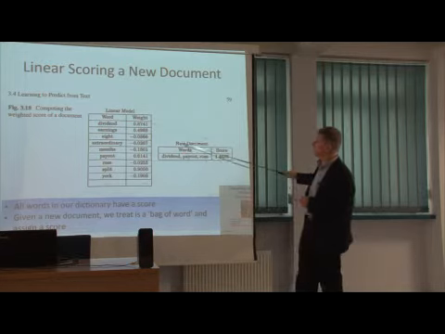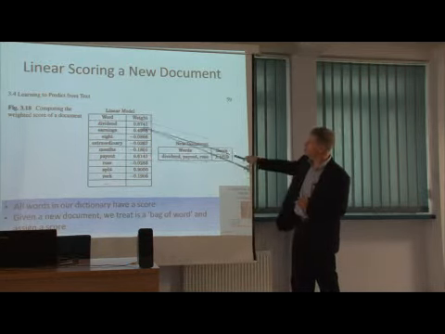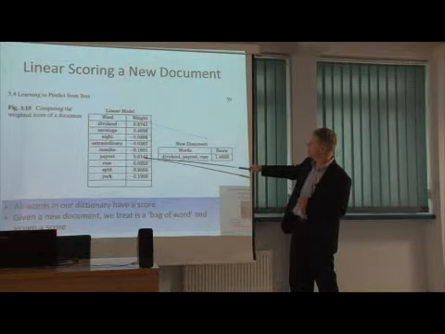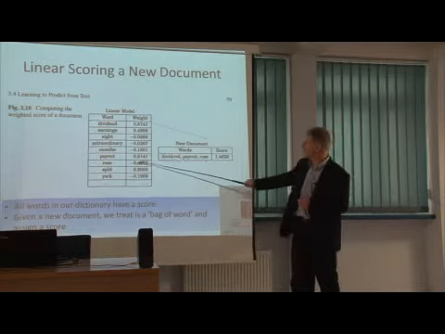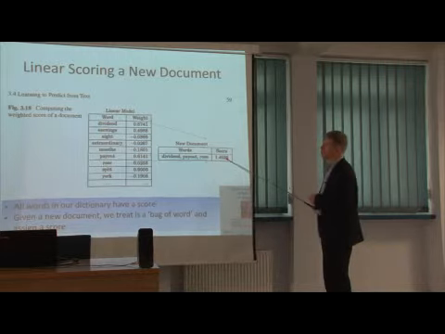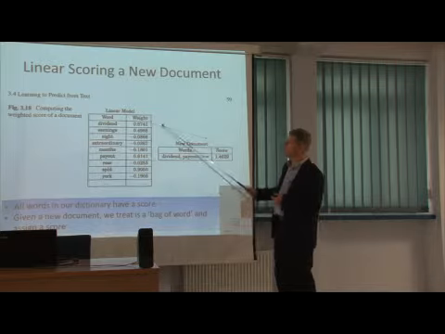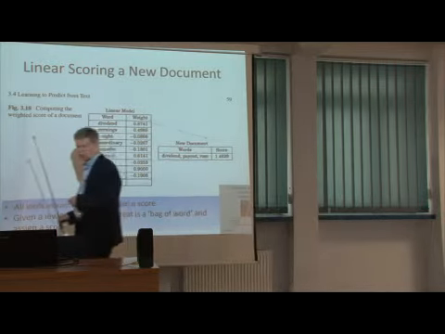We have payout, which has 0.6, so this altogether gives us something like 1.4, and then we have rows, which subtracts a tiny bit, so we get the final score 1.46. So it's positive, which suggests that maybe this is about earnings.